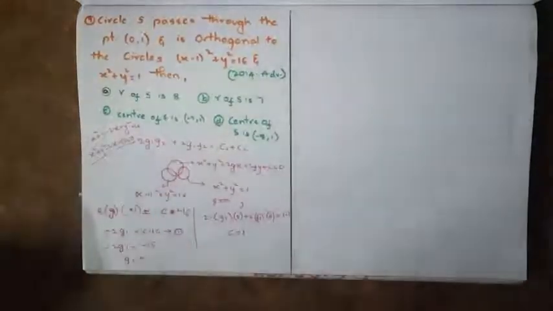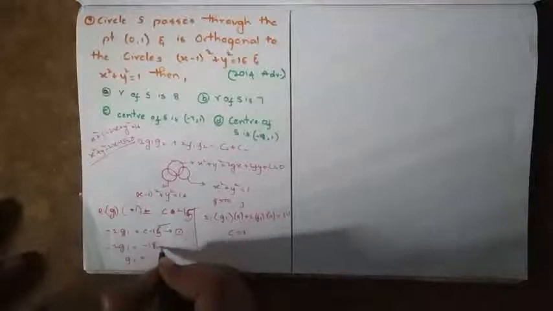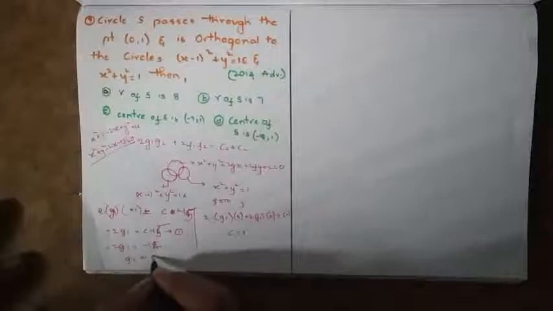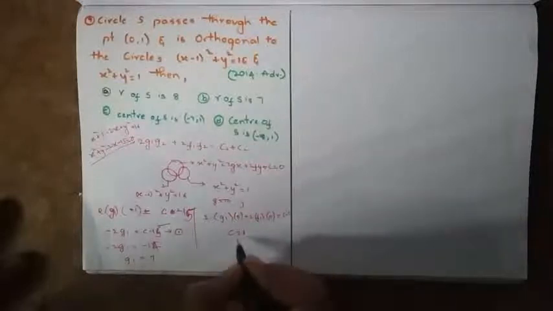C1 will be minus 15, right? Okay. And it will become 14. Then g1 will be 7. Okay, 7. And this is c is 1.